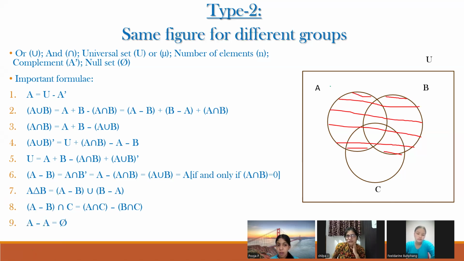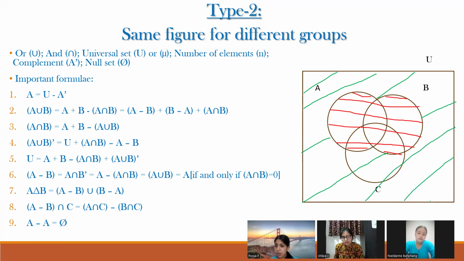Everything else which is not a part of A union B. So all of this will become A union B, the whole complement. Agreed with me? This is nothing but A union B, the whole complement.